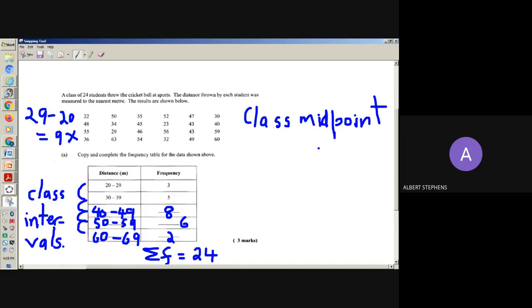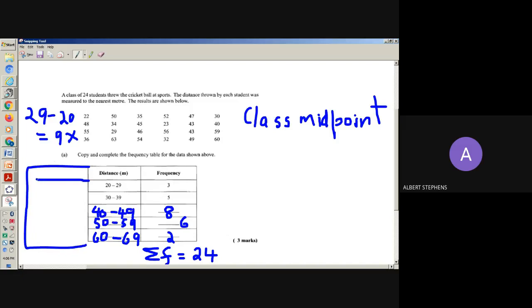All right, there's something called class midpoint. Now, to work out class midpoint, what we do... let me tell you what I want you to do. I want you to add another column to the left of your table, and also to the right of your table.